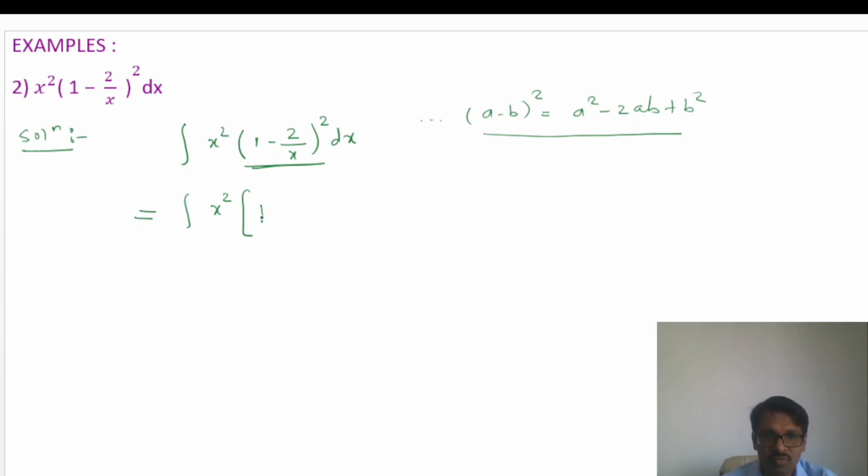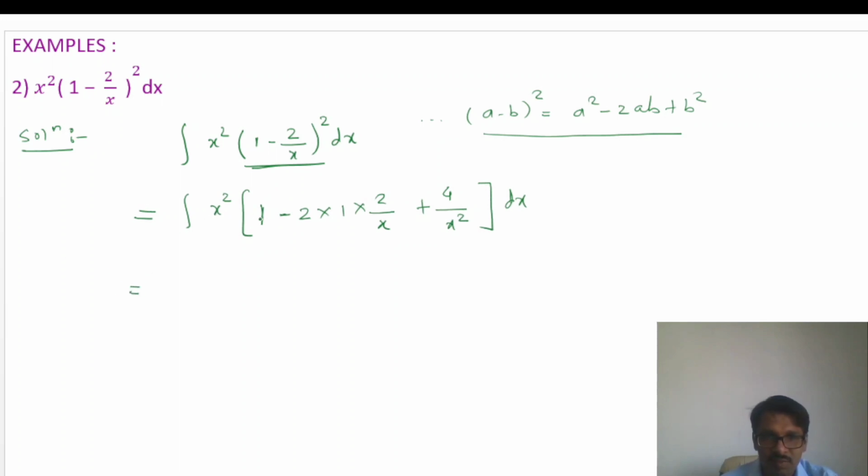It is 1 square, which is 1, minus 2 into 1 into 2 upon x, plus 2 square upon x square, which is 4 upon x square, with respect to x.